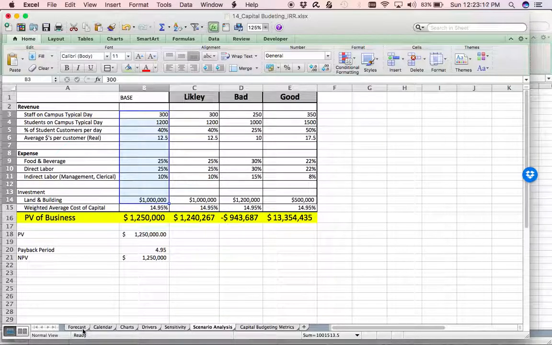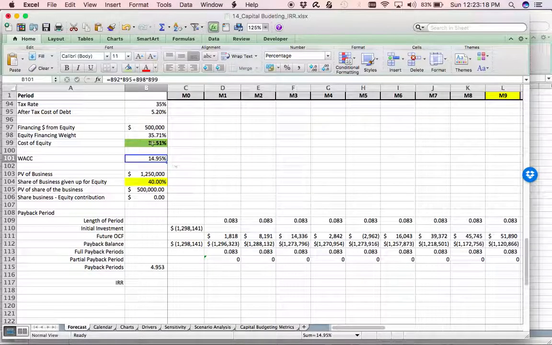All right, so what we want to do is we're going to use Goal Seek again, and we've got to set this WACC equal to 0. Well, right now it's got a formula in there, and Goal Seek won't work on that. So we have to just type in 14.95. See how that destroyed that formula? We can no longer use this spreadsheet for things like calculating a weighted average cost of capital.